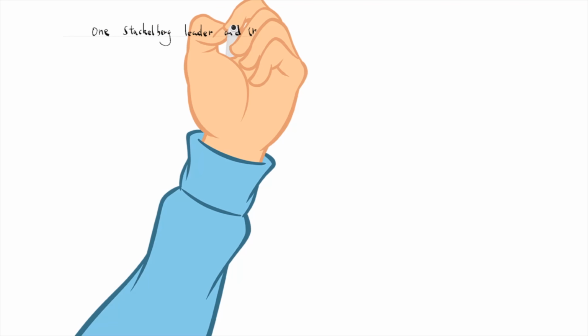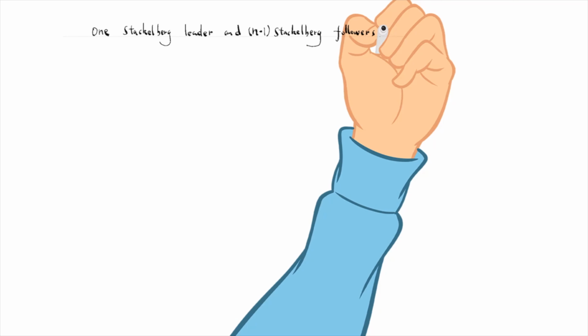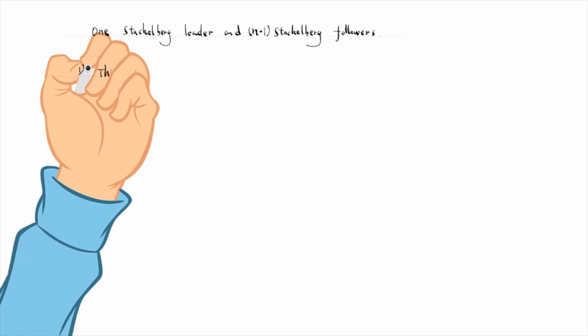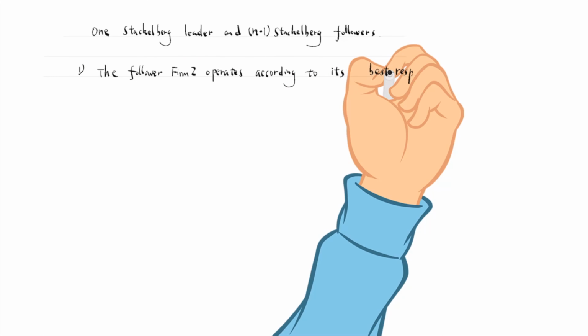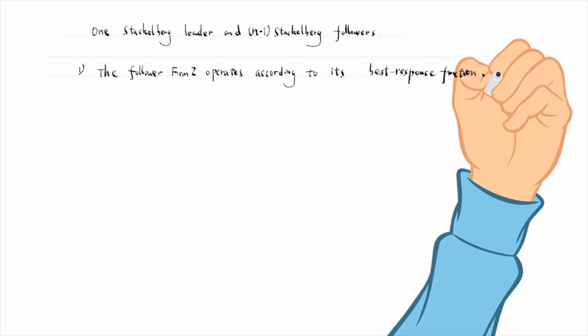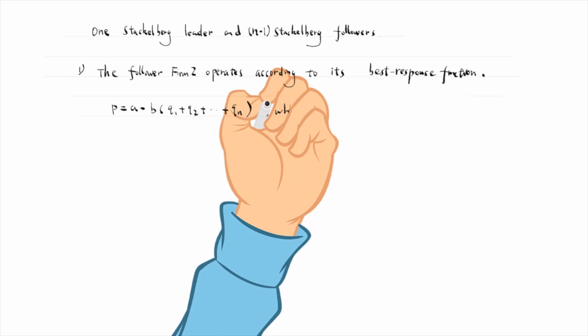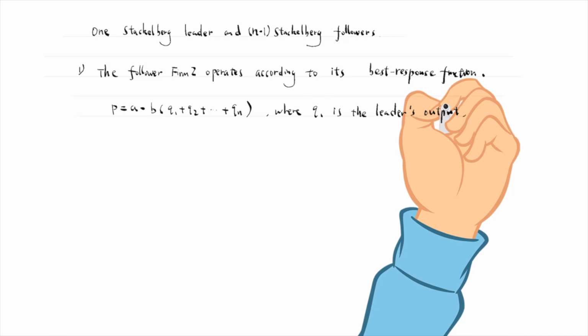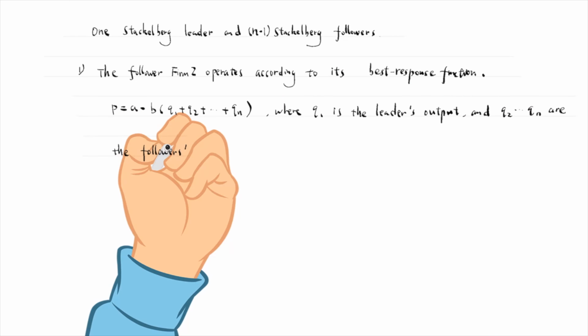Suppose there's 1 Stackelberg leader firm and n-1 Stackelberg follower firms. In the first step, we find the follower's best response function. The follower firm 2's residual demand curve is as follows, where Q1 is the leader's output and Q2, Q3 to Qn are the followers' outputs.